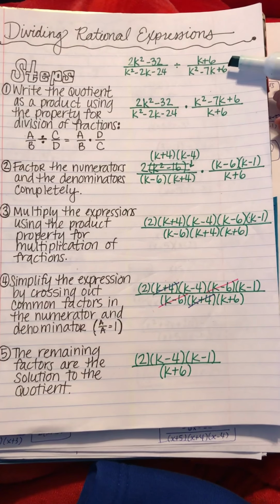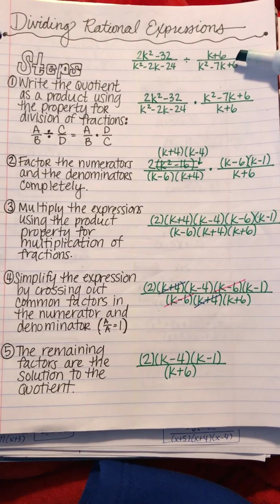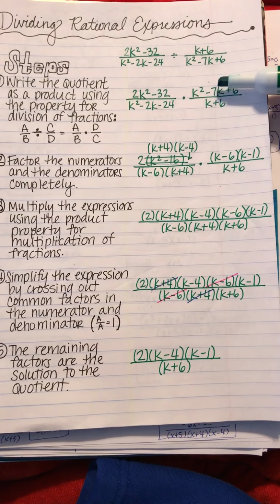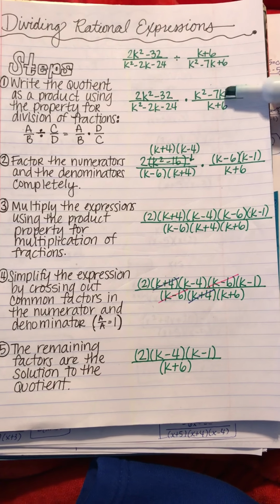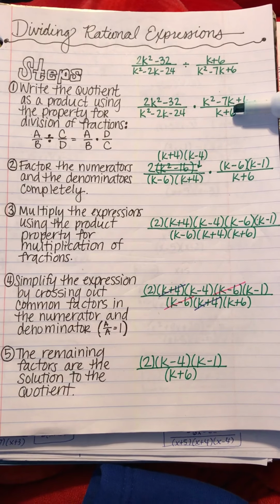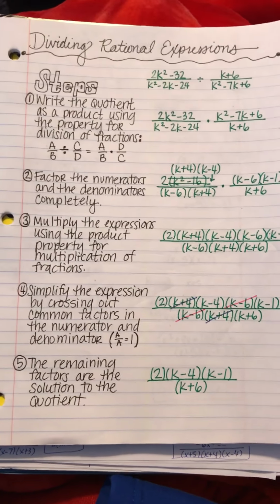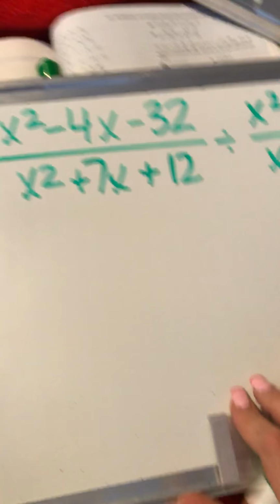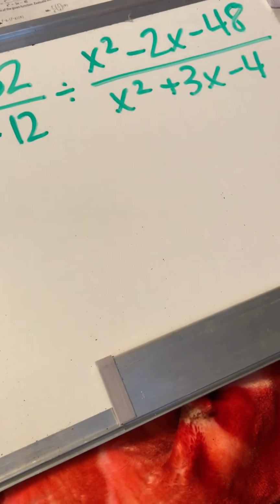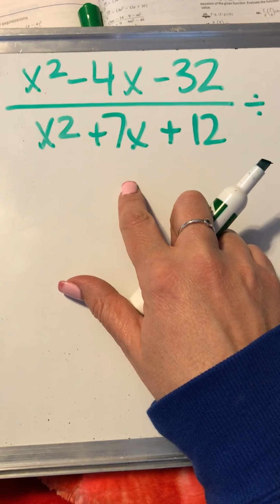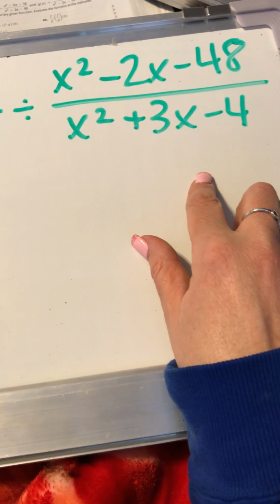Based on what we know about dividing fractions, we first flip the second fraction and then multiply straight across.